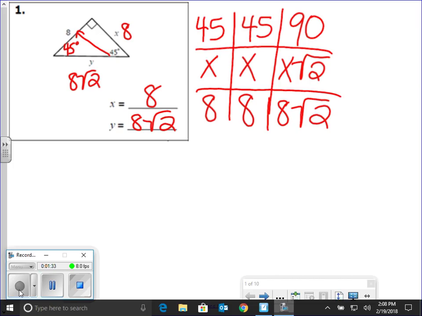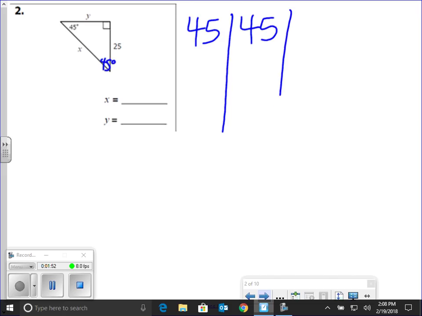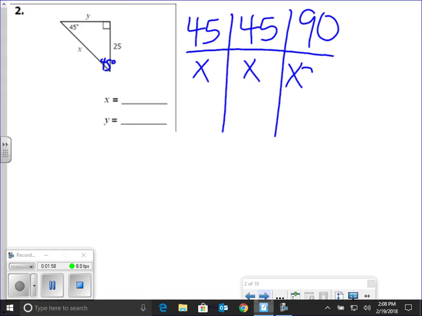All right, so let's look at question 2. Question 2 is also a 45, 45, 90 triangle. So we set up our tic-tac-toe chart, 45, 45, 90, and we know the rules are x times the square root of 2.